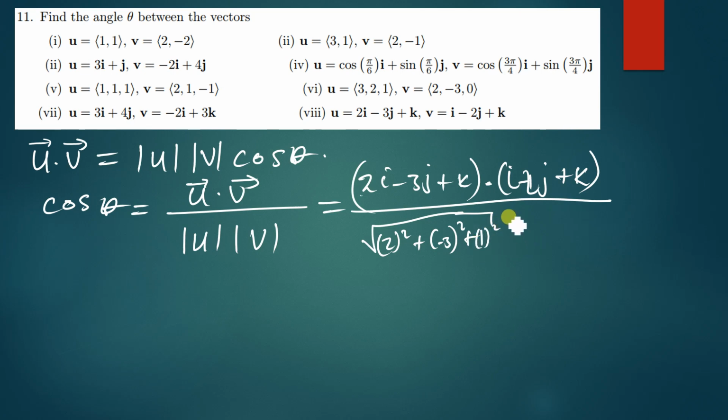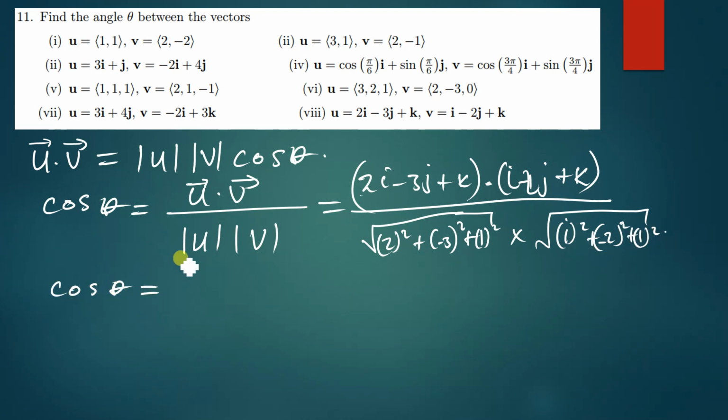And then we're multiplying this to plus 2 squared plus 1 squared. So cos theta is therefore going to be equal to, so 2 times 1 will give us what? 2 plus negative 3 times negative 2, that will give us positive 6.